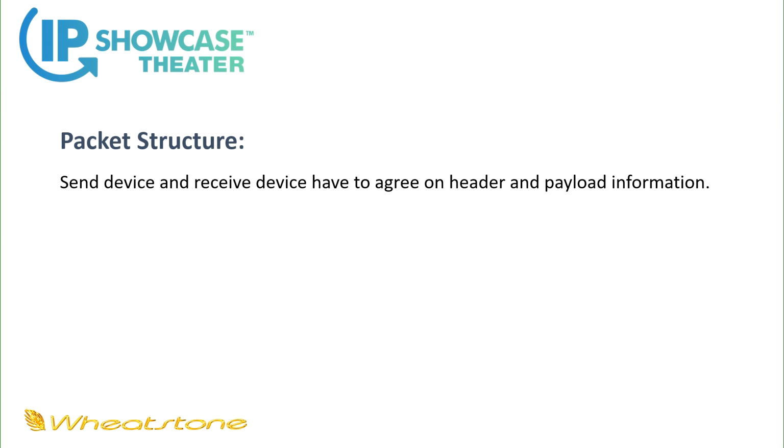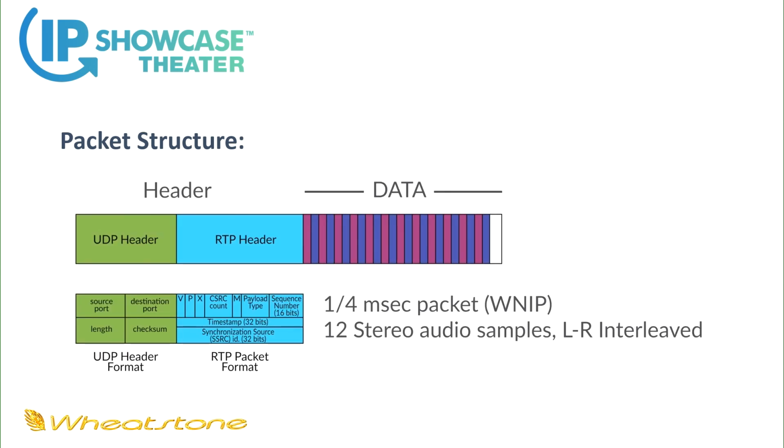The packet structure is called out by AES67, and the devices have to agree on the header and payload information, which is why it's part of the standard. So the packet structure that we were using, that we still use in most of our network, uses 1/4 millisecond packets. So we have the UDP header, which just includes the standard source port, destination port, all the things that the regular UDP header would comprise.